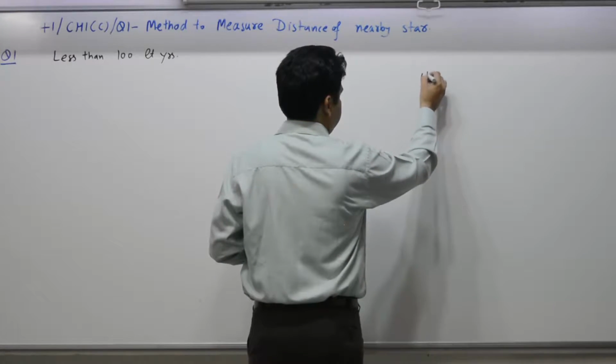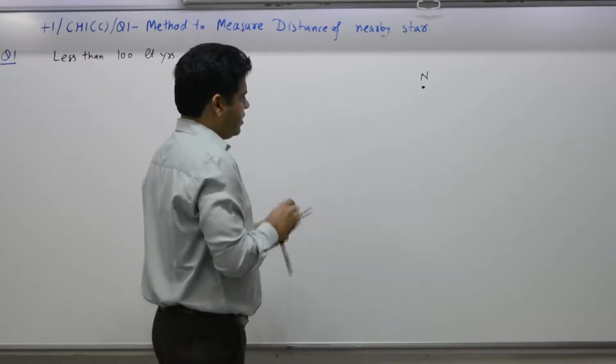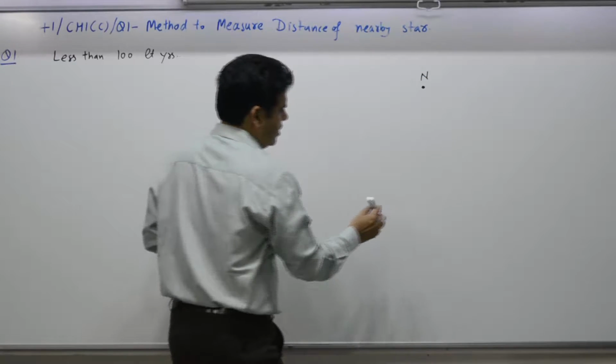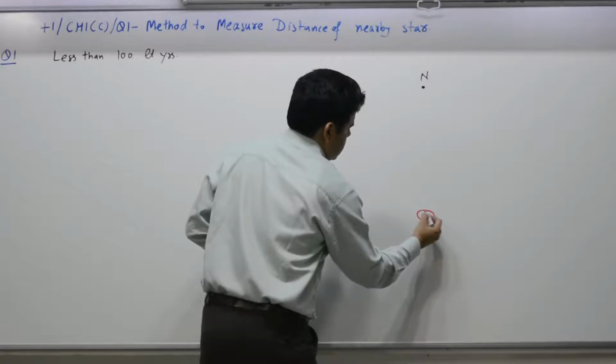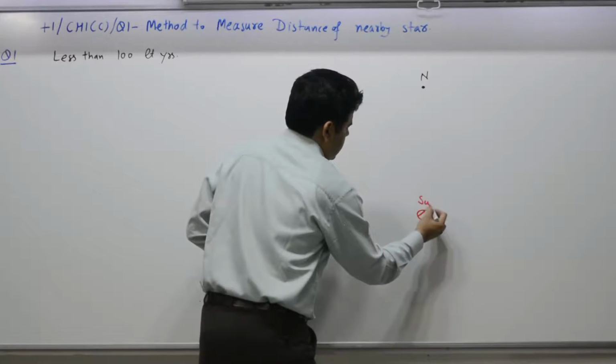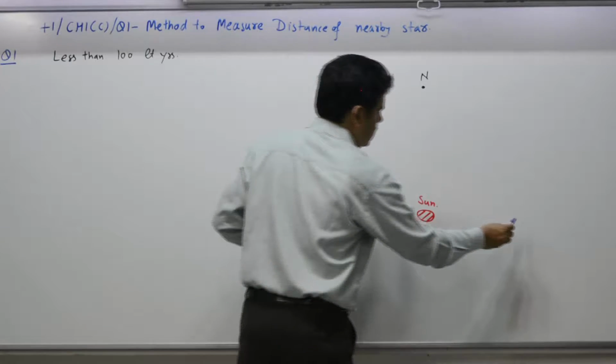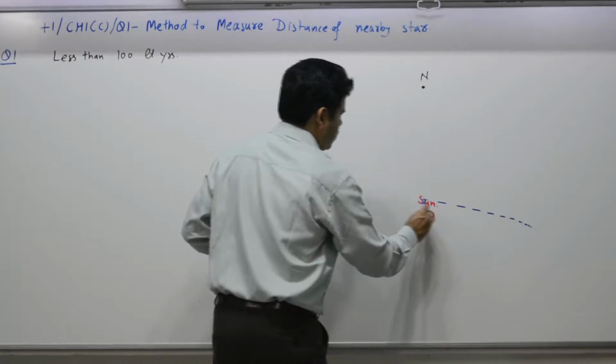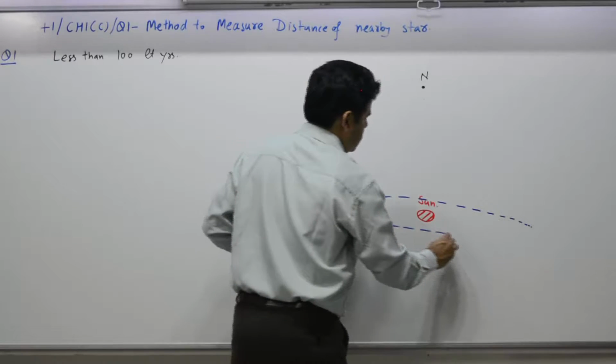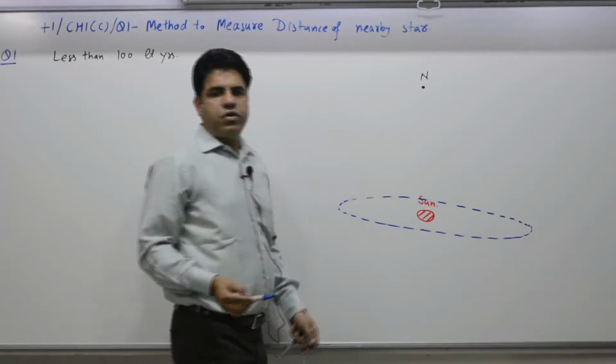So you have a star N, the Sun, and Earth moves around the Sun in an elliptical orbit.